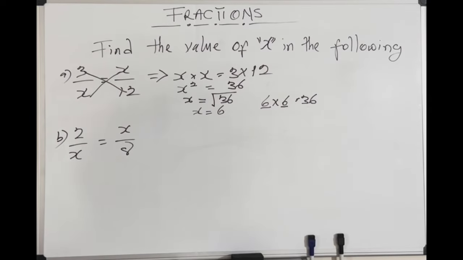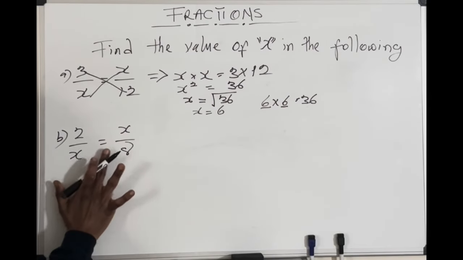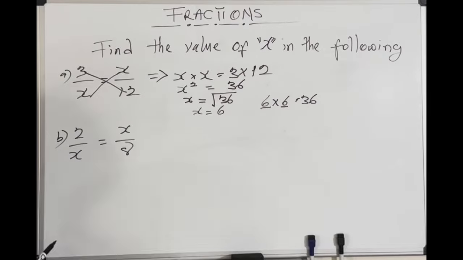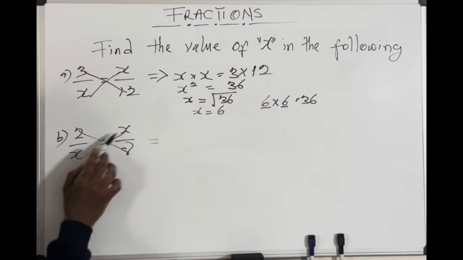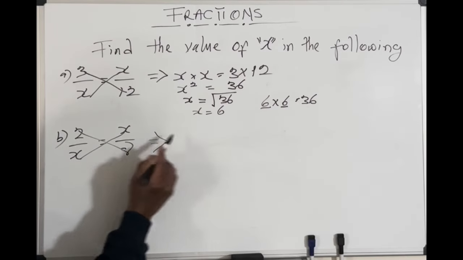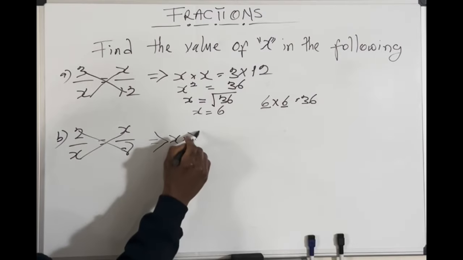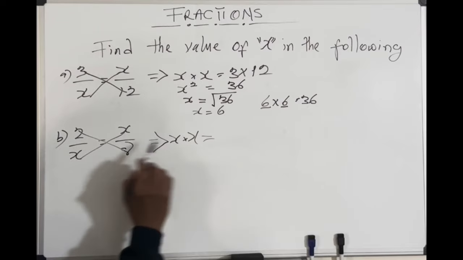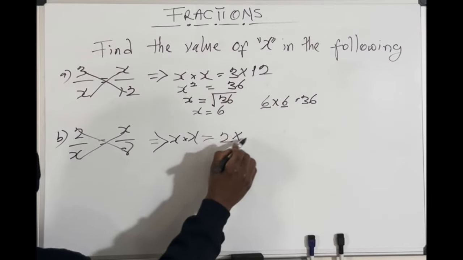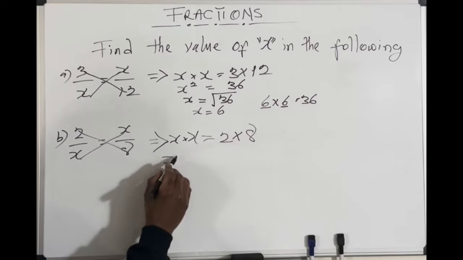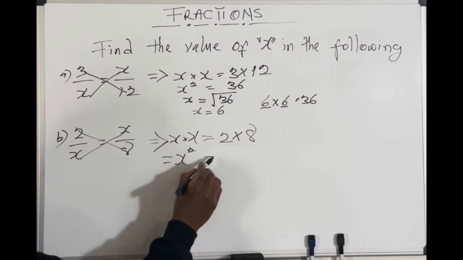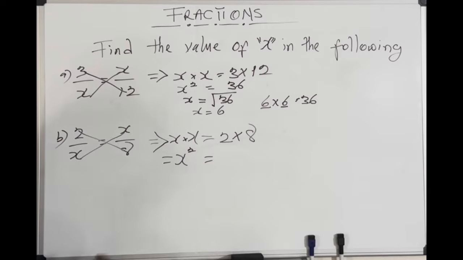Let's do the same thing for 2 over x is equal to x over 8. We need an x, so it will come first. x times x is equal to 2 times 8. x times x is x squared, equal to 2 times 8, which is 16.